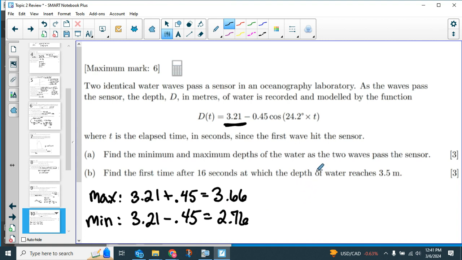Okay, now, if you don't remember how to get maxes and mins using the baseline and amplitude, what can we do? Graph it.